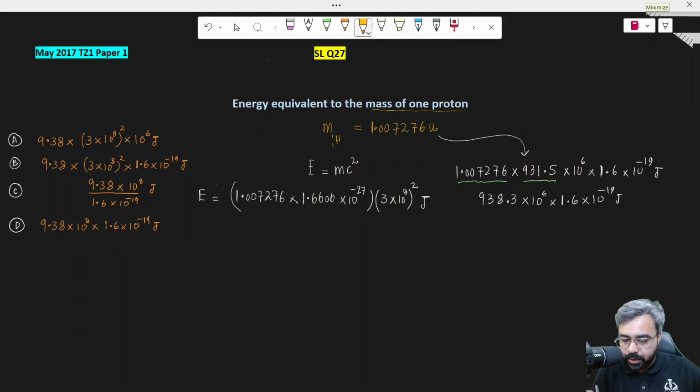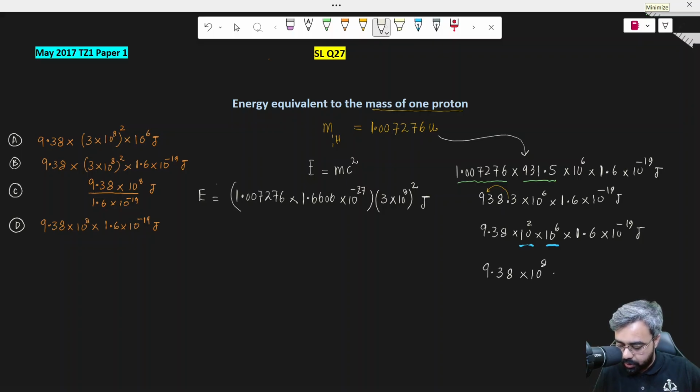Now we can write it in scientific notation: 9.38 multiplied by 10 to the power 2 times 10 to the power 6. So 10 to the power 2 and 10 to the power 6 can be written as 10 raised to the power 8. Finally, you can match that our answer matches one of the options, so obviously option D is the right answer.